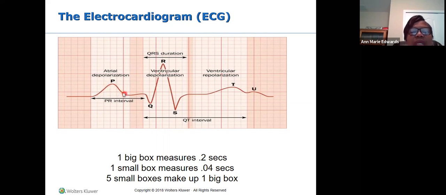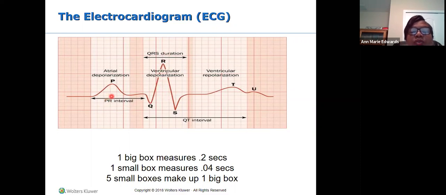And we said the P wave represents, what did we say it represents? Atrial depolarization or atrial contraction, okay? So atrial contraction, evidenced by our P wave. And you notice how small it is or how short it is in relation to the ventricle? They're basically the same width, okay?